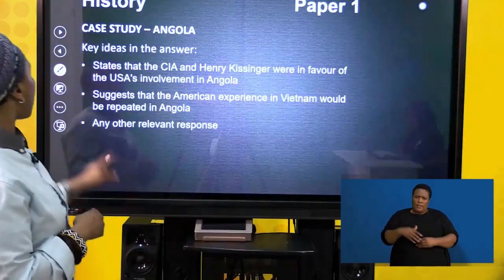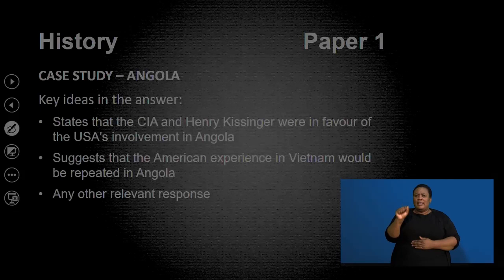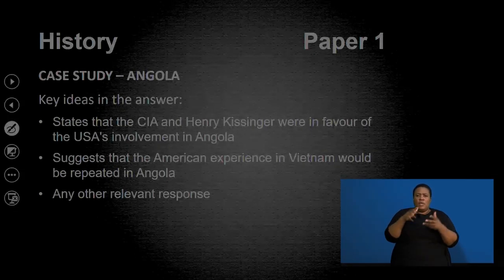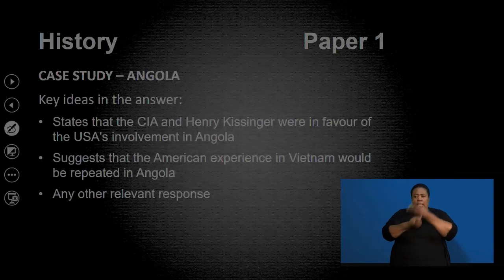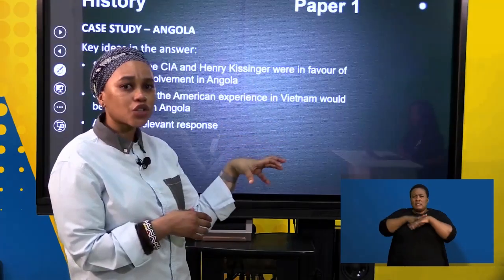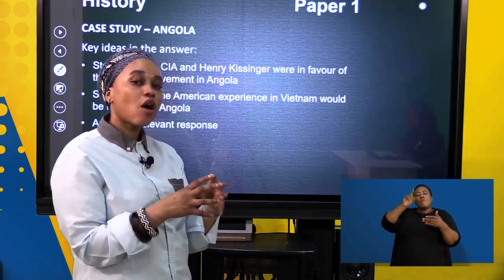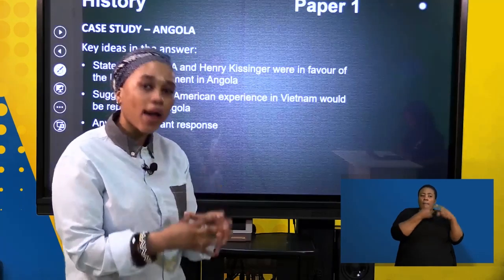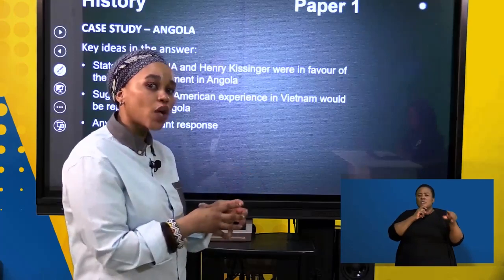So let's carry on. It states that the CIA and Henry Kissinger were in favor of the USA's involvement in Angola. It suggests that the American experience in Vietnam would be repeated in Angola. Now, guys, remember, I told you when I circled or underlined those words in the actual cartoon that you have to have prior knowledge of the Vietnam War to understand why the cartoonist would have used that word in a situation in Angola.